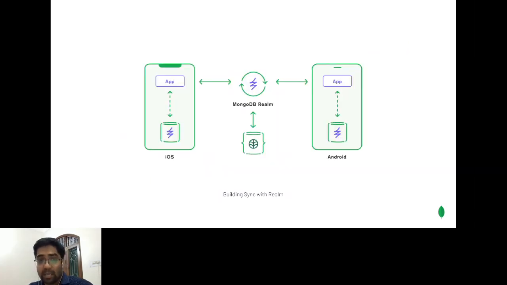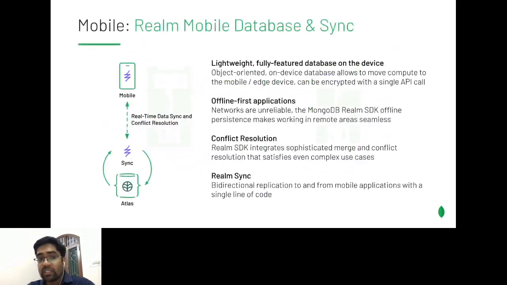This is where Realm comes into the picture. Realm gets rid of all the moving parts and tries to simplify the application workflow with respect to data and the architecture both. If I redraw the diagram, it will be a linear diagram, something like this. There is a mobile, which is connected with a sync, which is internally connected with a database.